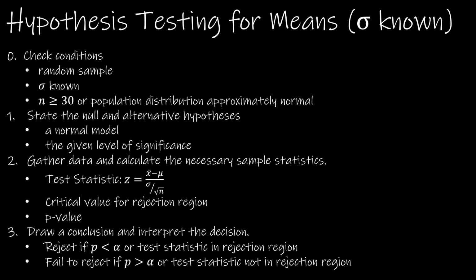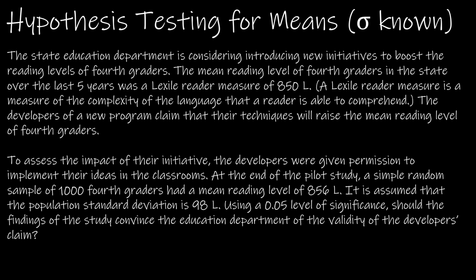So again, you're going to see a similar slide as we go through the remainder of these videos with the appropriate items changed. We're going to look at our first example, and as we're reading through this question together, I am going to simply jot some things down that we'll be using as we go forward. So the State Education Department is considering introducing new initiatives to boost the reading levels of fourth graders. The mean reading level of fourth graders in the state over the last 5 years was a Lexile reader measure of 850 Lexiles.